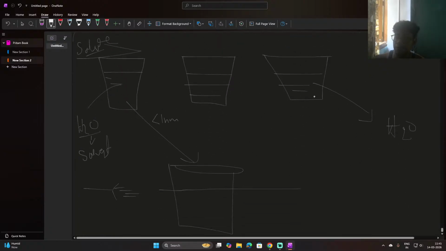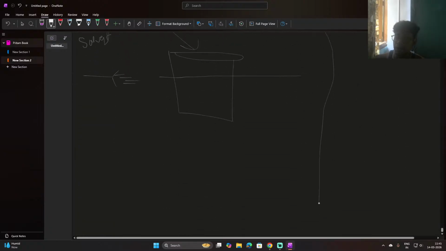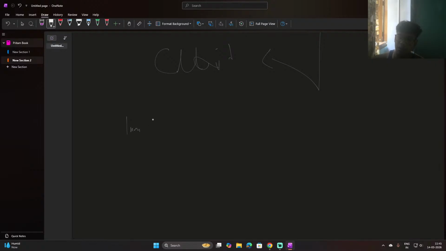But in this, what is this? This is colloid. Colloids are bigger than 1 nm, but lesser than 1000 nm. So it's basically between. Examples are colloids.